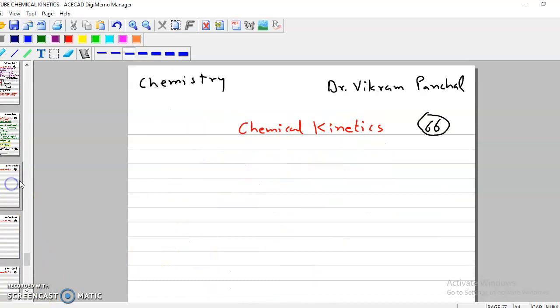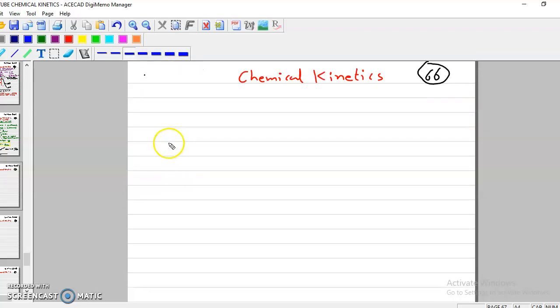Another method, if you do not plot a graph, is to carry out the chemical reaction in two different conditions.